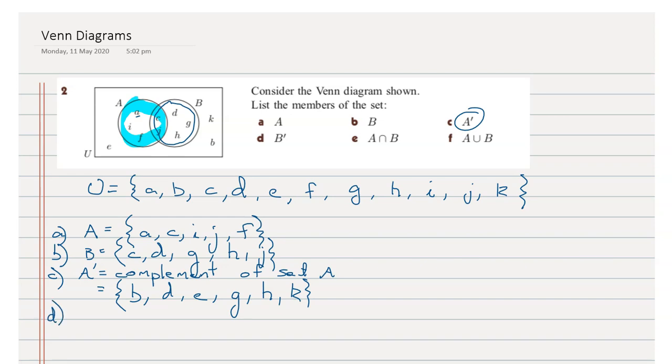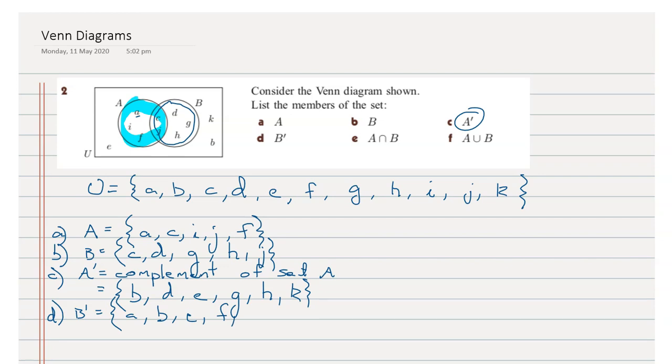Now similarly, we're looking for the complement of set B. So what's inside set B? Well, it's C, D, G, H, and J. What is outside of set B? Well, we've got A, B, and C, D are in it. E and F are outside.